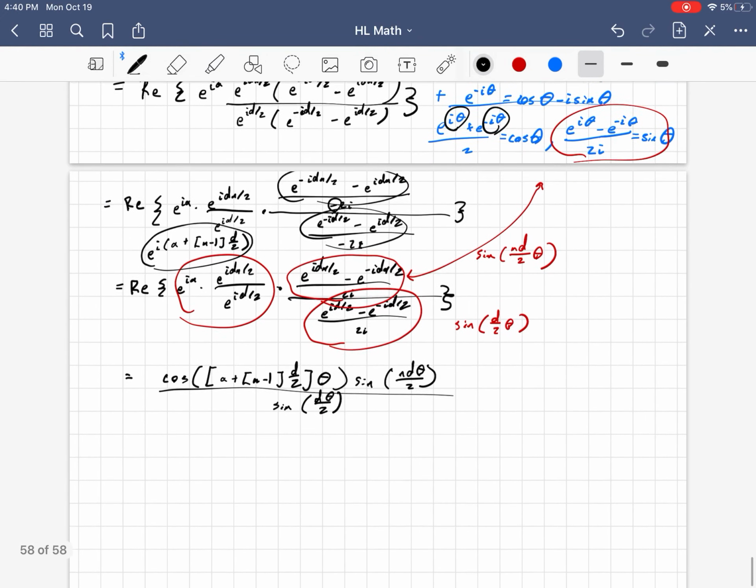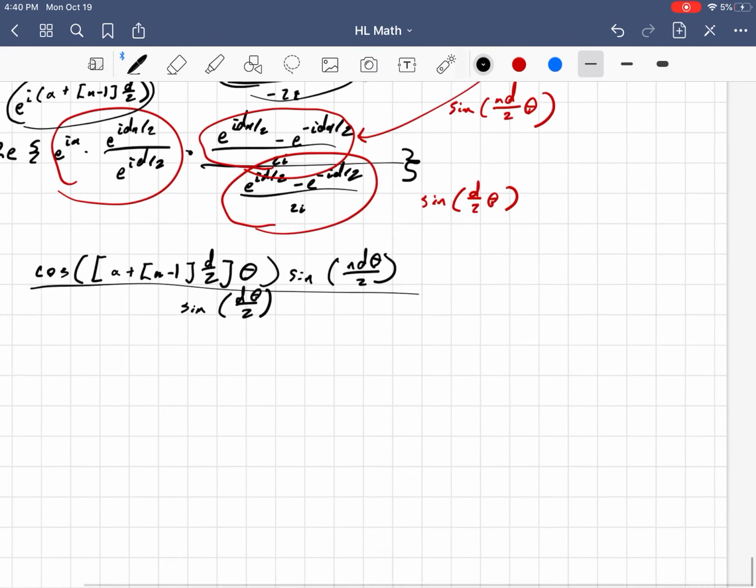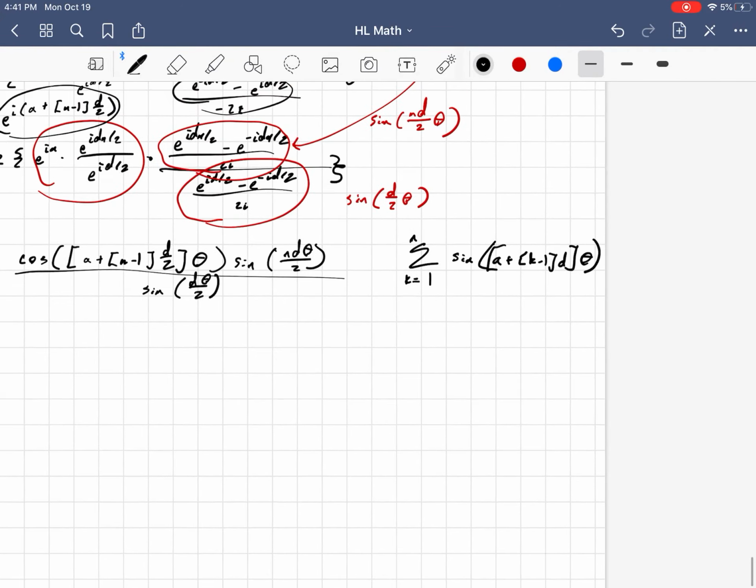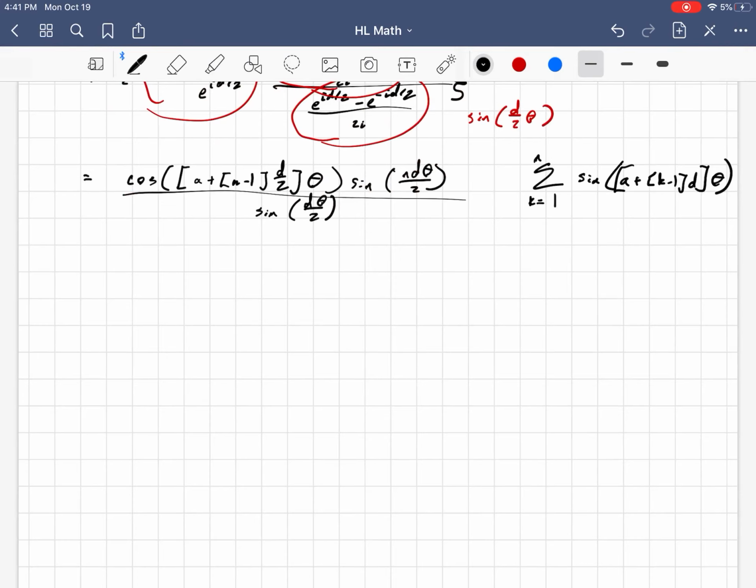And maybe a challenge for you would be to do the exact same thing, but to find that formula for sine. So in other words, the sum from k equals 1 to n of sine of a plus k minus 1 d, all multiplied by theta. And it's literally the exact same thing, except instead of taking the real part here, remember that e to the i theta was cosine theta plus i sine theta.